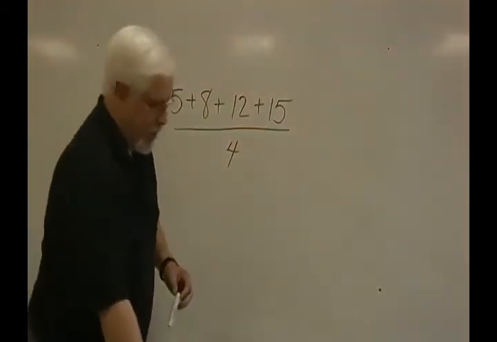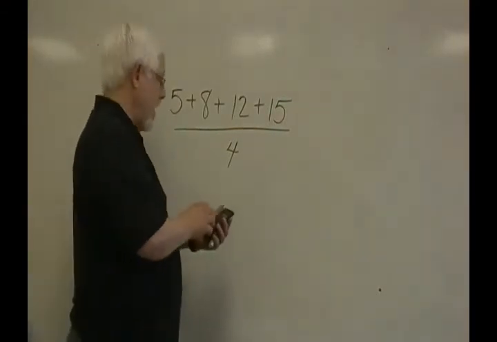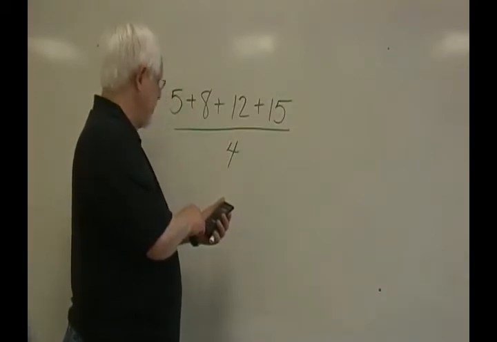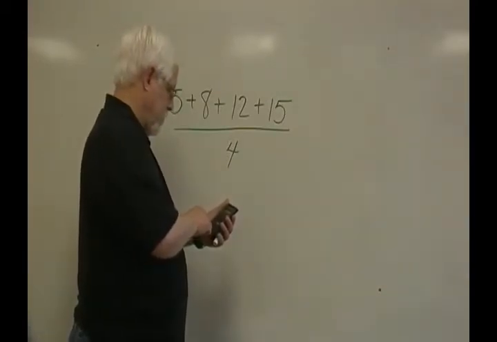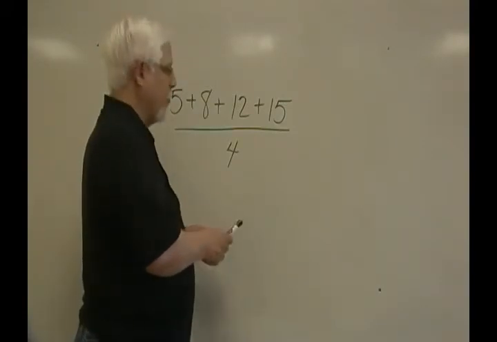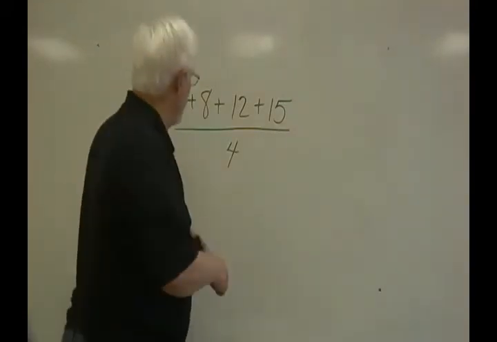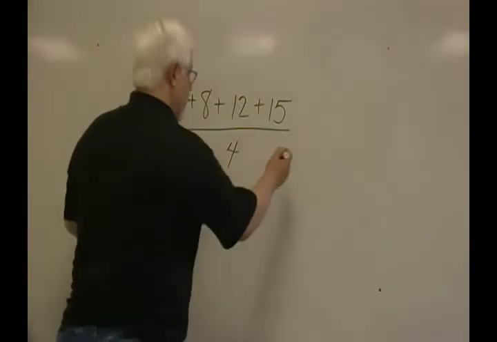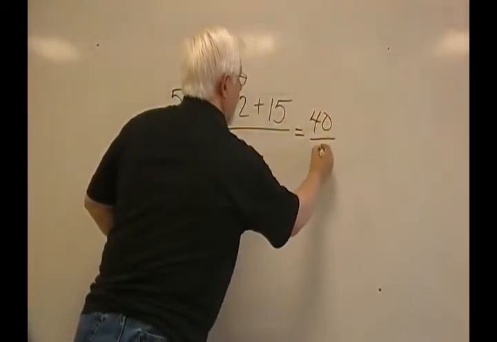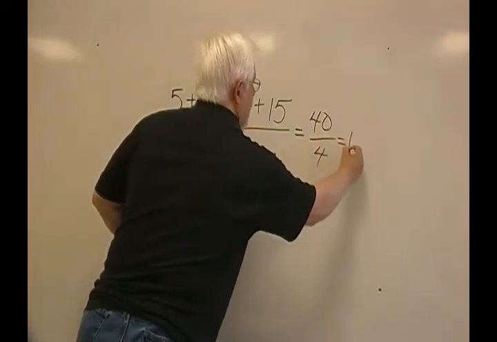Now with your calculator, add 5, 8, 12, and 15 and see what you get. You should have gotten 40. So the answer is 40 over 4, or 10.